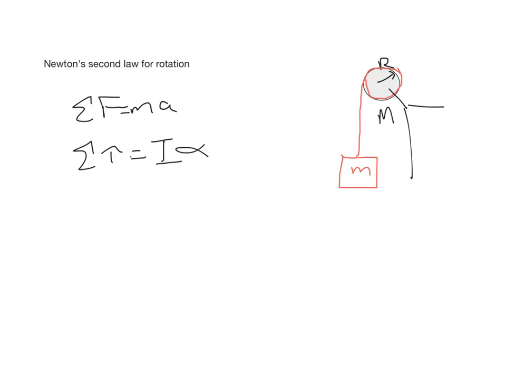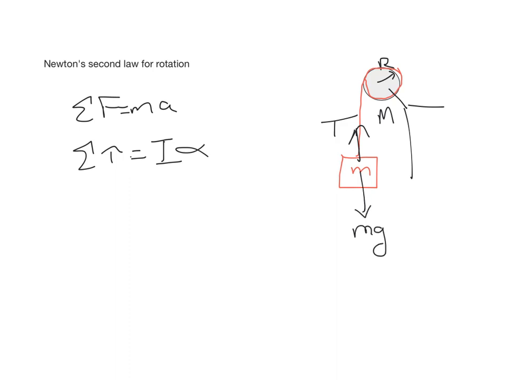Now, if that was just a frictionless, massless pulley, that block should accelerate at the rate of gravity, all right, because there's nothing resisting it, okay? But now that it has mass, we have a resistance force. So there is going to be a tension up on that block and mg pulling it down.